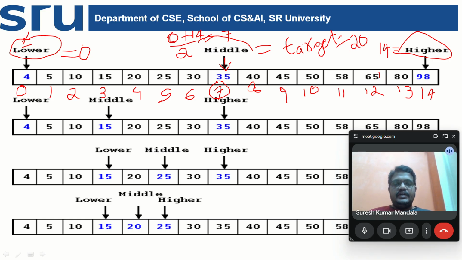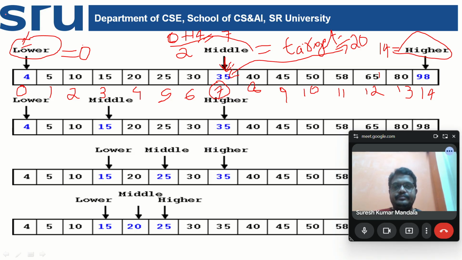First, after identifying the middle index, we start the comparison. Is 35 equal to 20 or not? If 35 is equal to the target value, then we return that the target value is found. If 35 is not equal to the target value, the next step is to check two conditions.